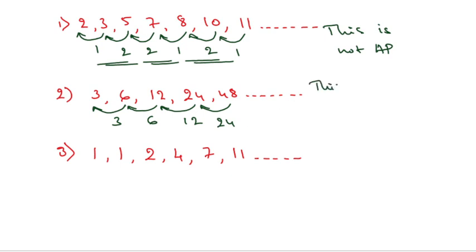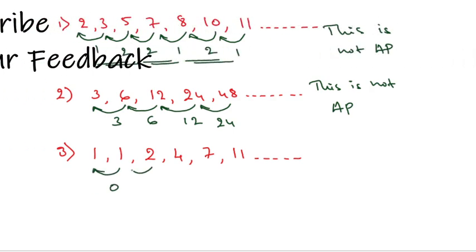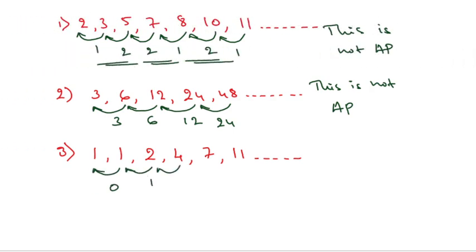Therefore, this is also not an AP. In the third list, 1 minus 1, 0. 2 minus 1, 1. 4 minus 2, 2. 7 minus 4, it is 3, and 11 minus 7 is 4. Here also the difference is not constant, it is not the same. Therefore, this is also not an AP.